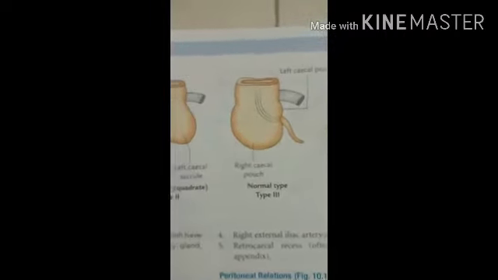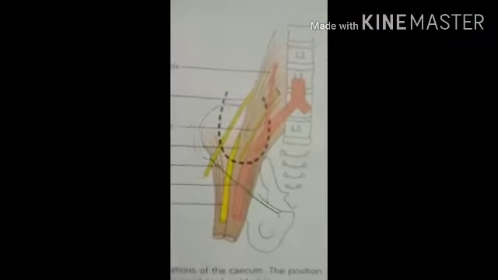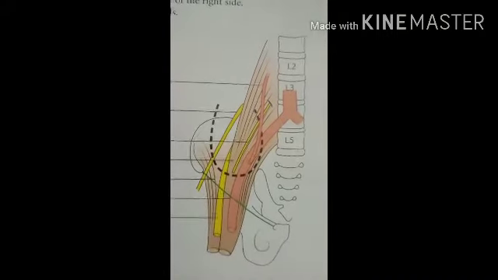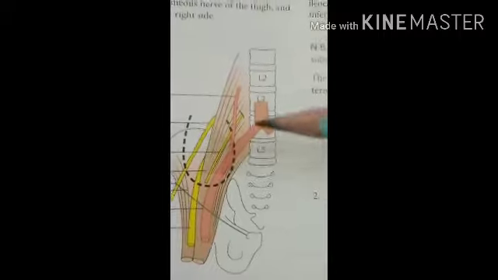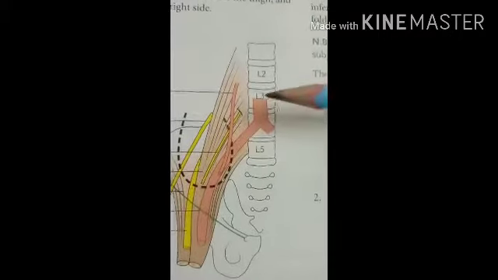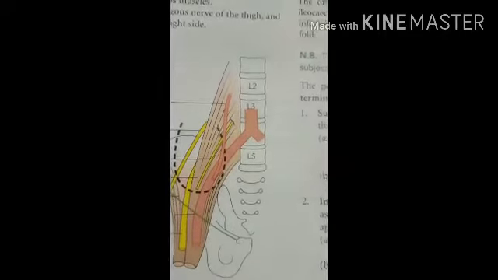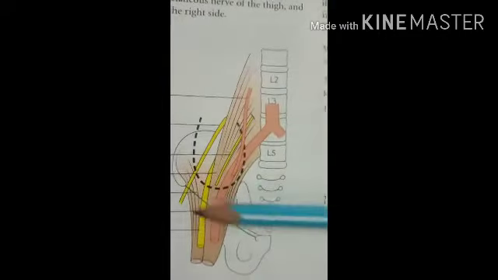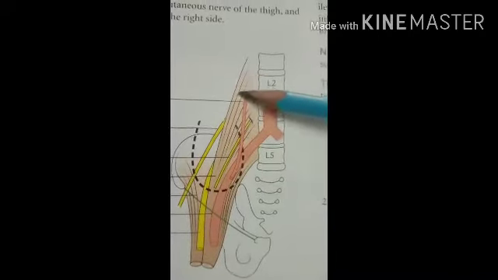Okay. Then the relations of the cecum. So firstly we have to see the visceral relations. Anterior to the cecum, the coils of small intestine are present, along with the greater omentum and the anterior abdominal wall. Okay. And the posterior relations, here you can see, are the right psoas major muscle.